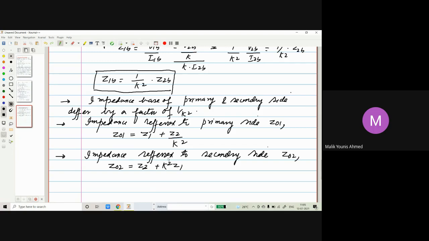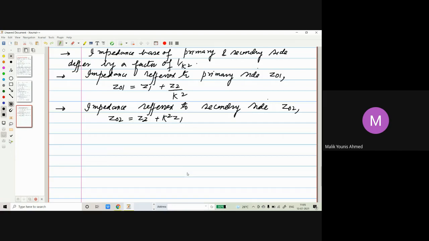If we refer to the primary side, that will be divided by K square. If we refer to the secondary side, that will be multiplied by that. You already know that, we have seen it above also. Let's talk about impedance referred to the secondary side, Z02.